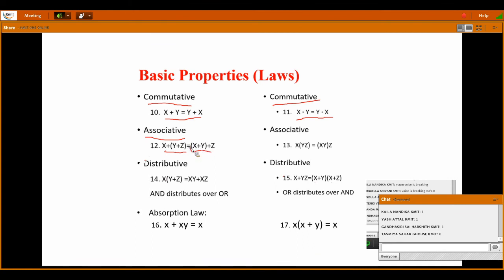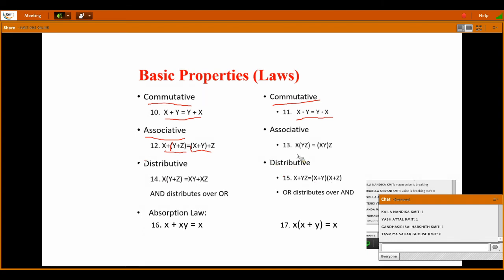Here the parentheses make the difference. If you first add the bracketed variables and add the third variable later, you will get the same answer because it is ORing.